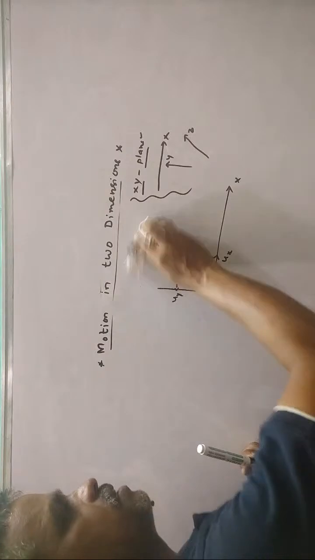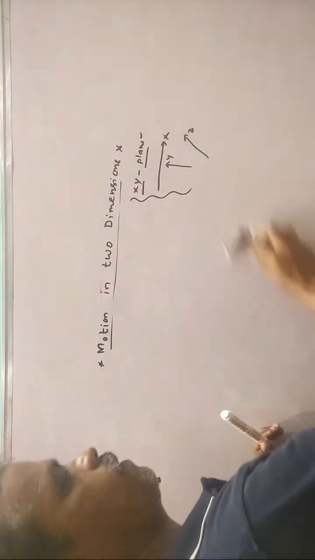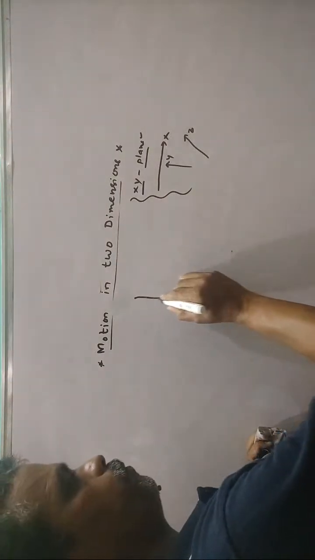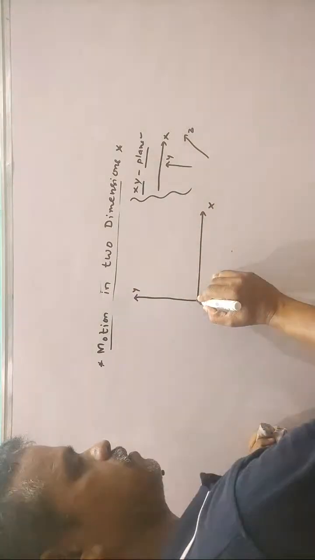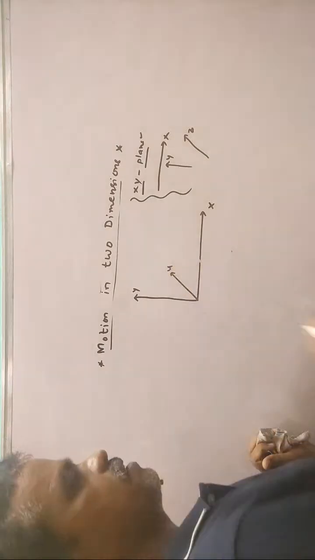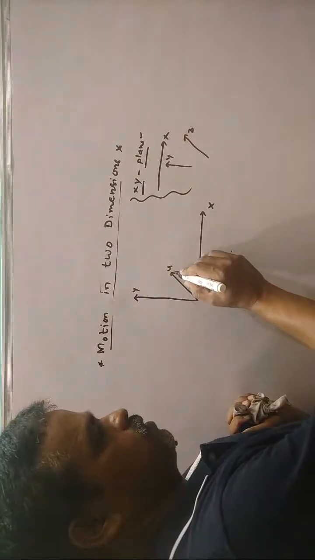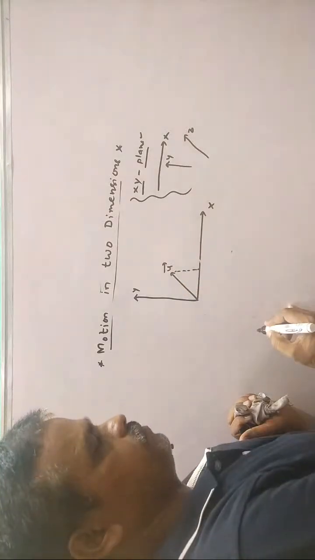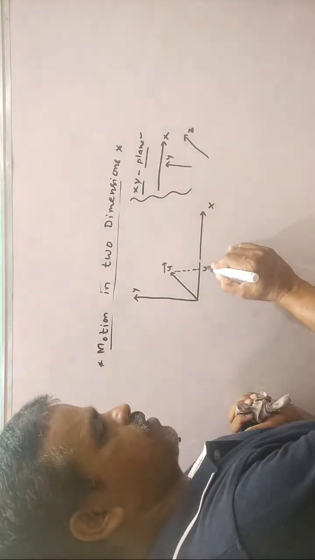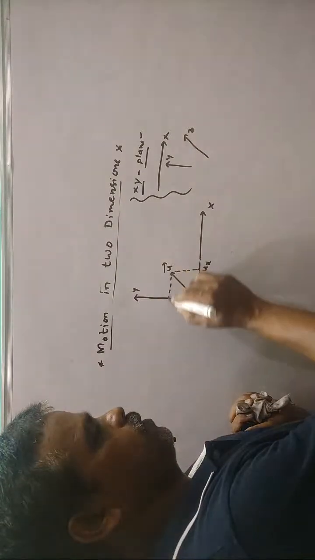What I am saying is, this is x axis, this is y axis. The velocity direction is like this. Velocity is a vector quantity. Along x axis the component is ux, and this is uy.